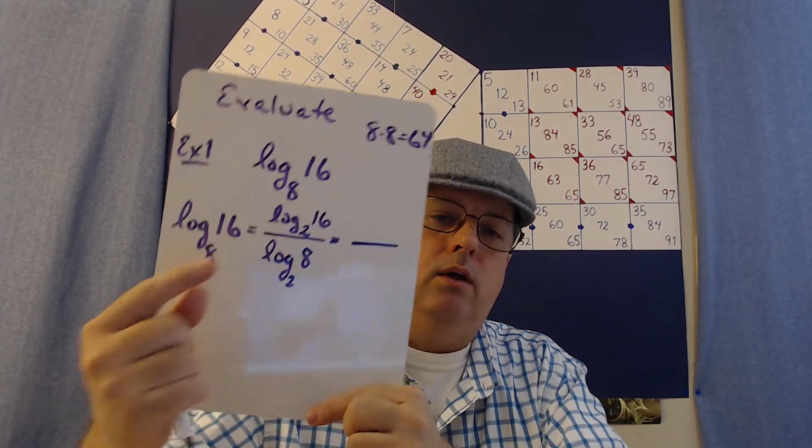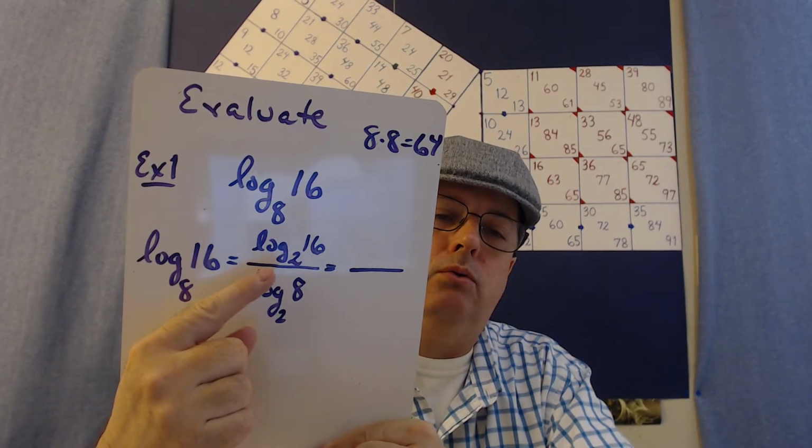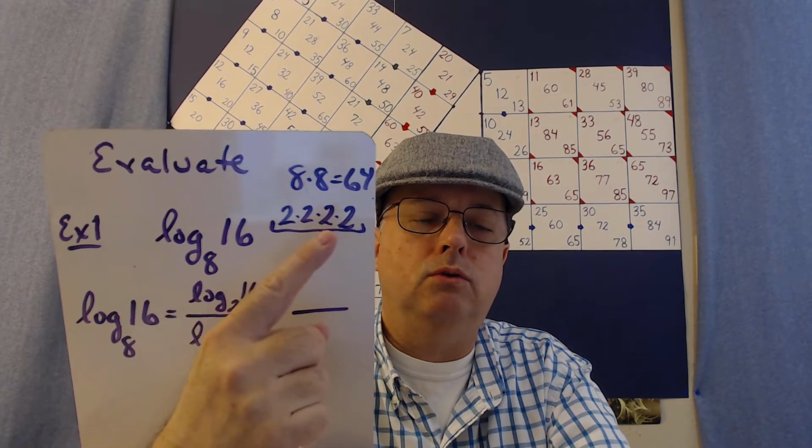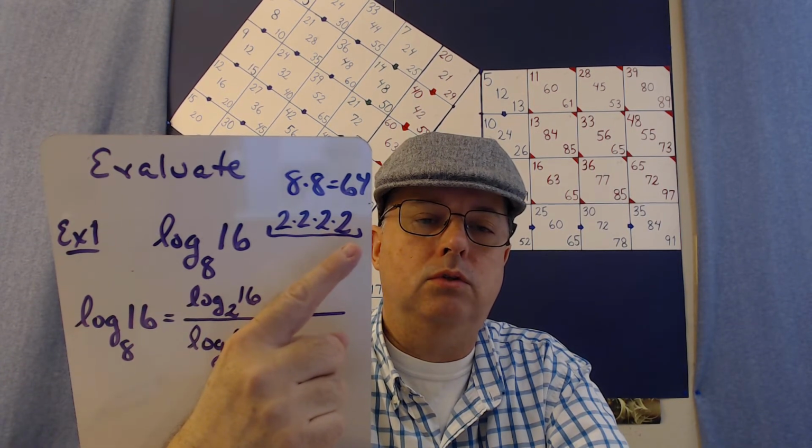And now, let's evaluate each of the numerator and denominator. So what power of 2 is 16? I think we know that, right? 2 times 2 is 4, times 2 is 8, times 2 is 16.